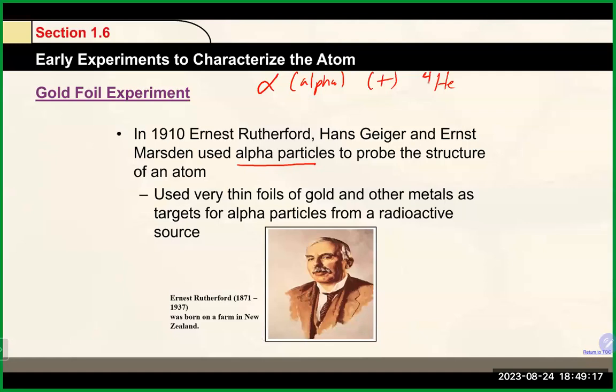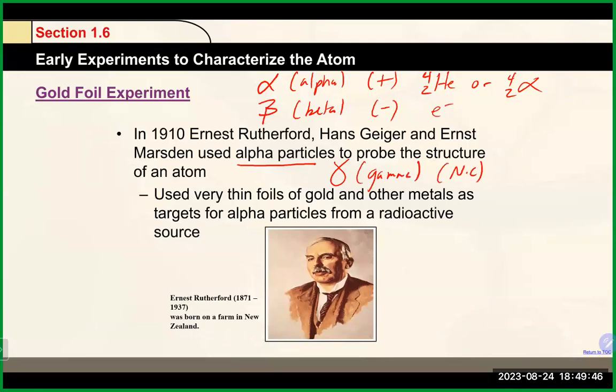You'll sometimes see the symbol like this. There are also beta particles, which are negatively charged, and they're thought of as being like an electron, basically. And there are also gamma rays, which have no charge.